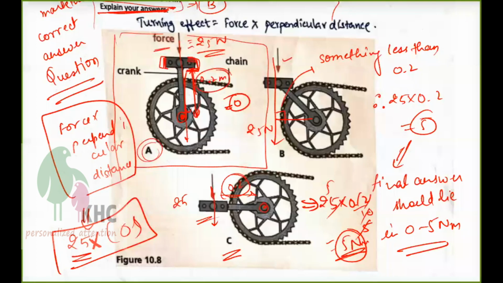This is your force. If this is your axis, the distance is 0.2, and the distance in D is a bit lesser than 0.2. By B I meant the question option B. The entire line is the line of action of the force, and this is your axis about which you have to write the moment of force.